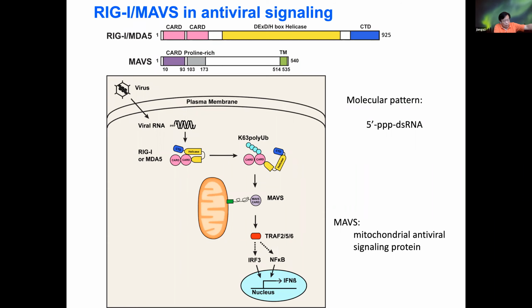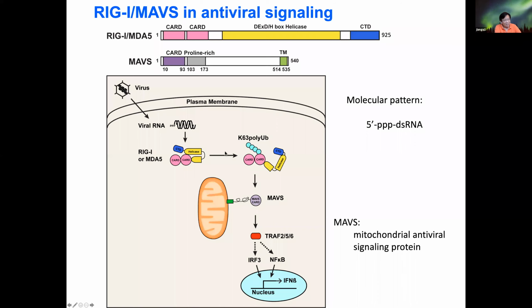Once it recognizes the signature sequence in the viral RNA, it can convert into an active form. In a complicated sequence, it will then activate the MAVS molecule on the surface of the mitochondrial membrane, and MAVS changes from the silent conformation into the active conformation.